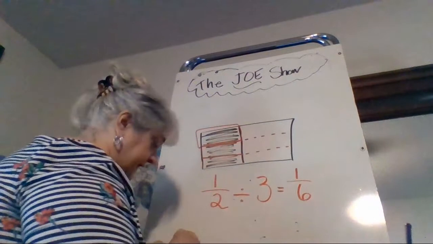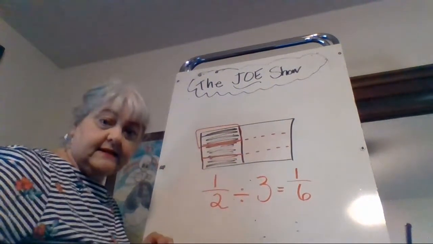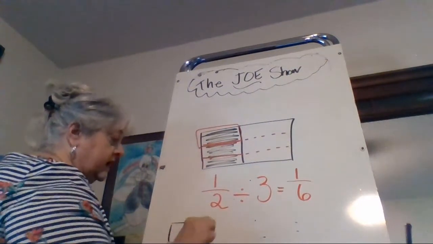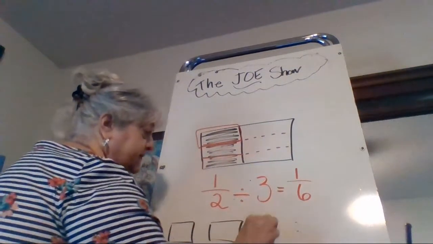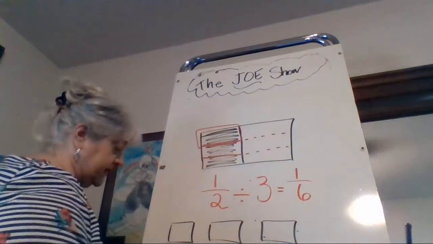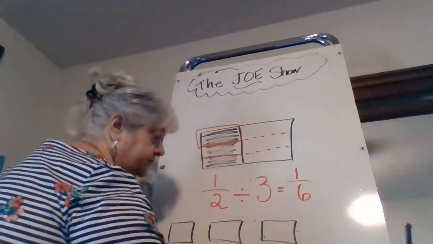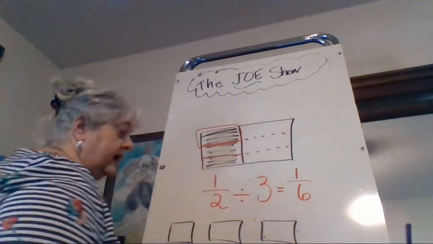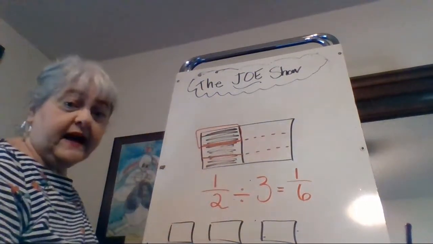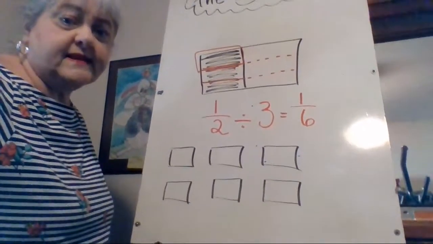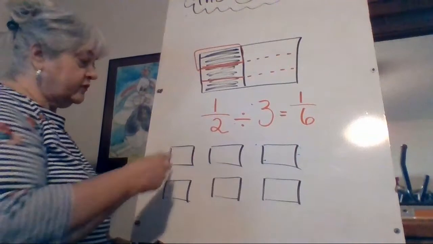Let's say, for example, that I decided to bake 6 pans of brownies. I'm going to represent my 6 pans of brownies with these rectangles. Those are my representations. Now I am going to divide each of these 6 pans of brownies into 3 pieces.